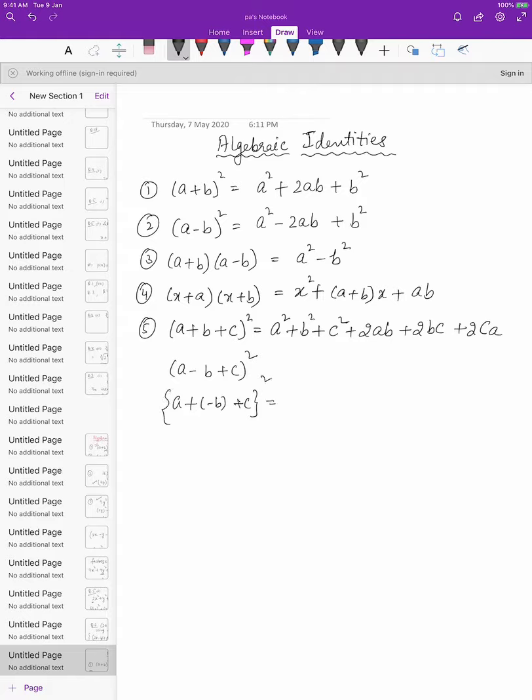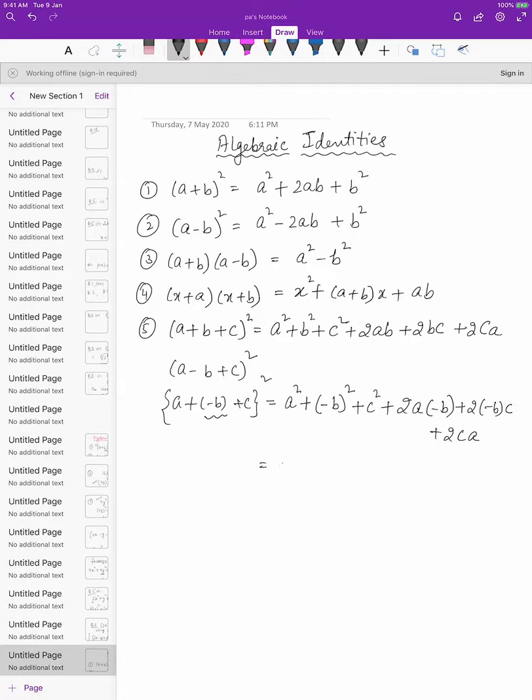And then when you open it out using the above identity, you will get a square plus, in place of b square you will be writing minus b square, plus c square plus 2 into a into b. In place of b, everywhere you will keep on writing minus b, and automatically the minus sign will get adjusted wherever it has to be.